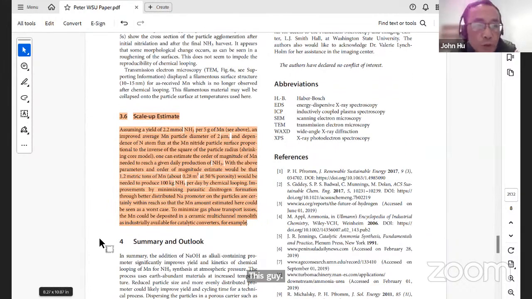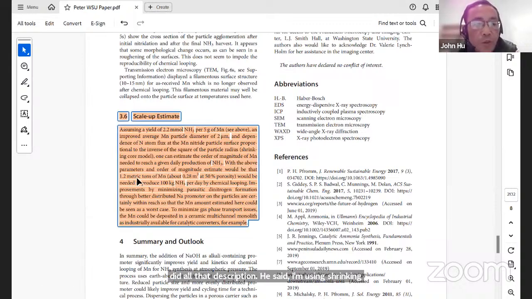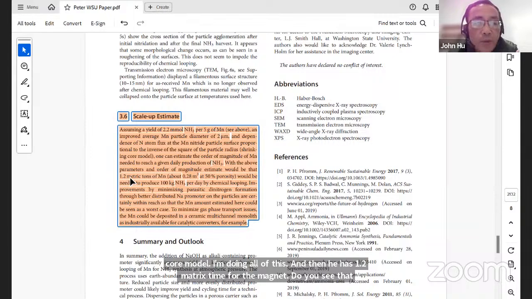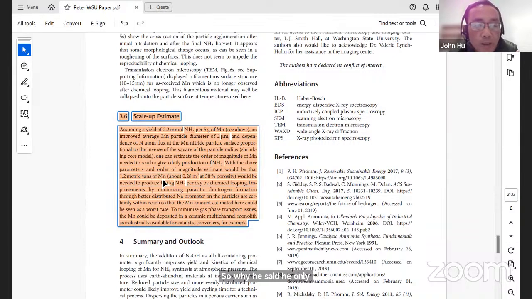He says he's using the shrinking core model, and he has 1.2 metric tons of manganese. Why did he say he only needs 1.2 tons, when your number is 10 times his number to produce the same capacity?